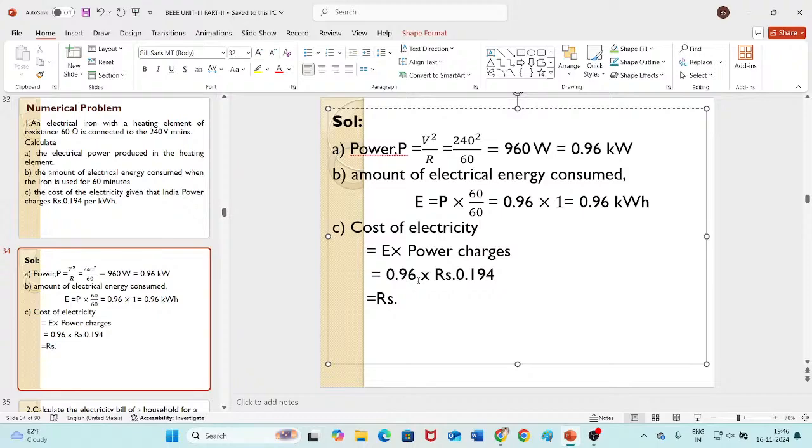You just calculate it and mention in the comment box. How much is the answer? What is the answer? 0.96 into 0.194.